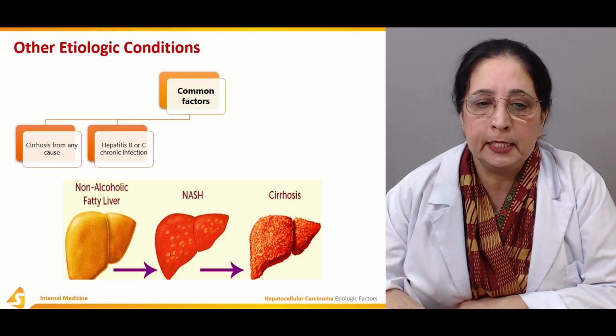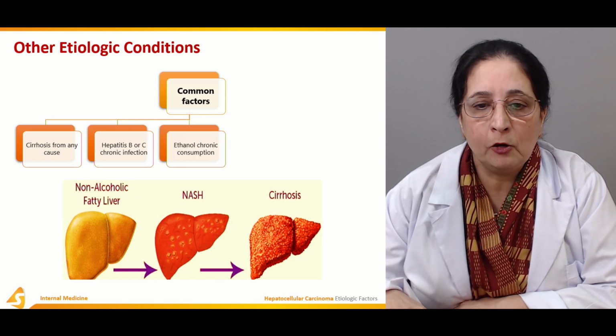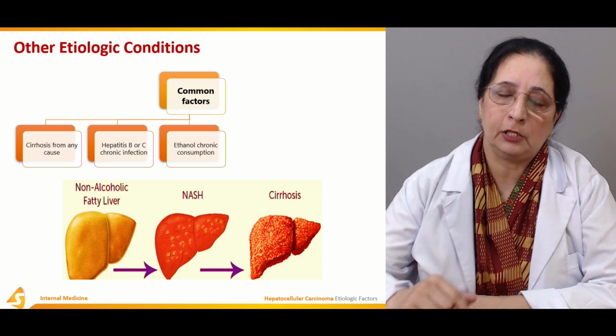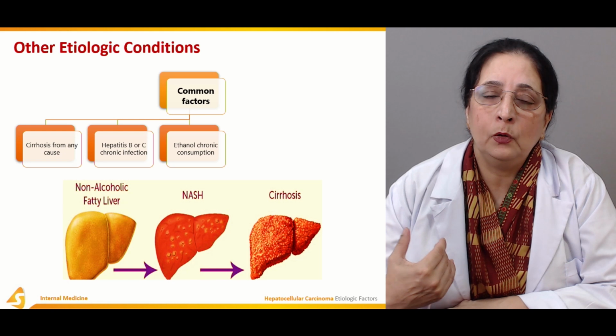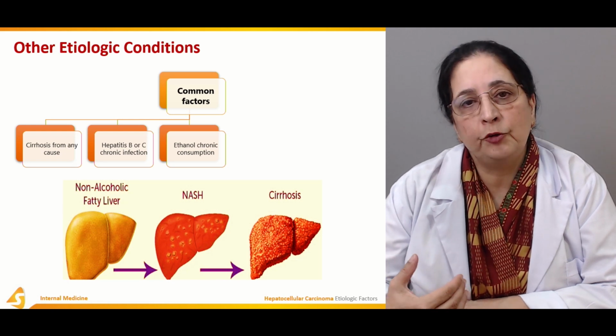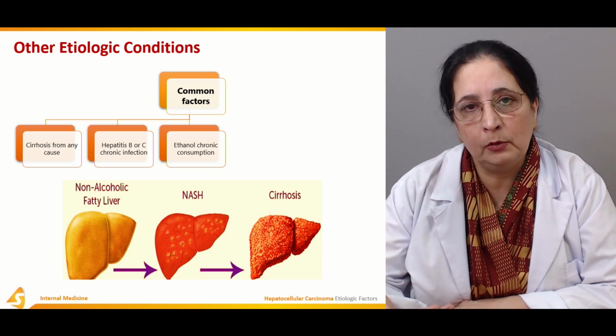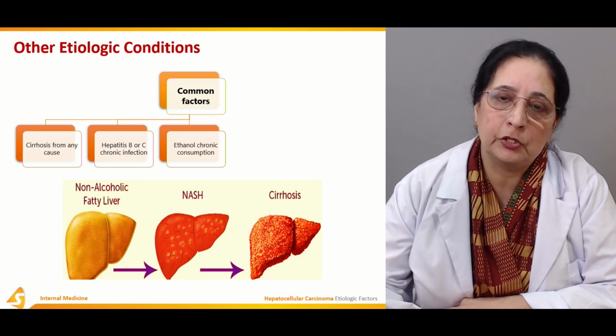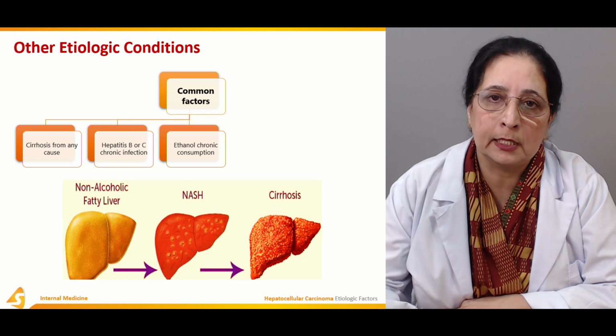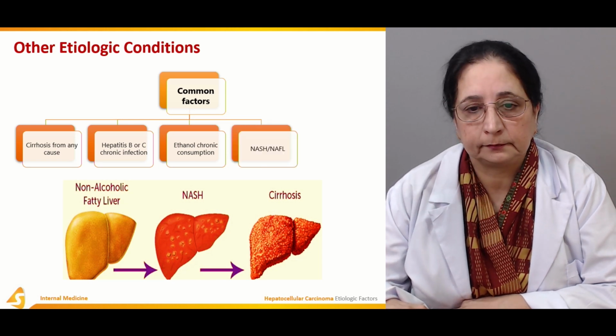Then chronic consumption of alcohol. People who are alcoholic and drink alcohol on a regular daily basis are prone to develop cirrhosis of the liver and then hepatocellular carcinoma.